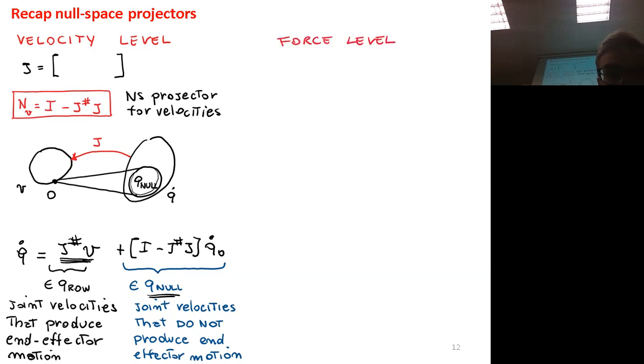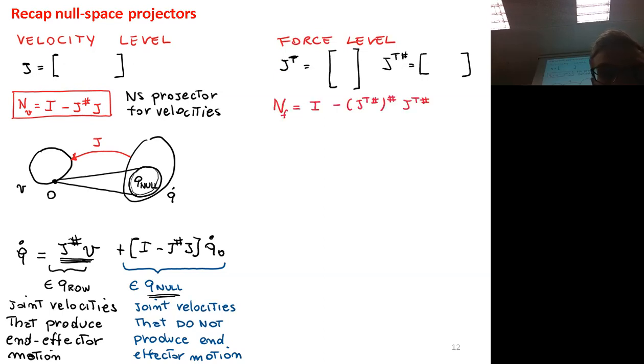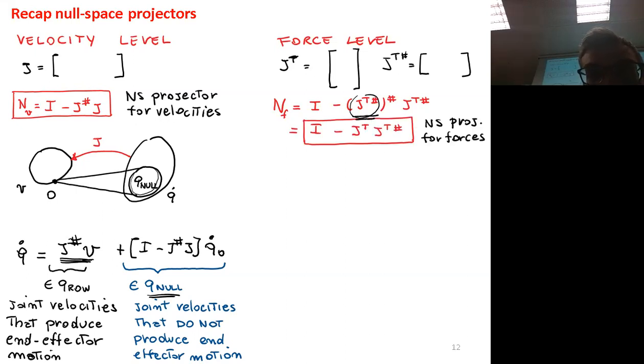And the same thing at the force level: instead of using J, we use J transpose, and the null space projector is the one we saw now. We take the pseudo inverse of the Jacobian transpose times the Jacobian transpose, and this is exactly equivalent to what we just wrote before, because the pseudo inverse of a pseudo inverse is just the Jacobian transpose itself.